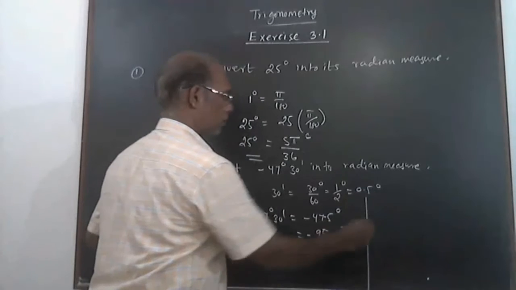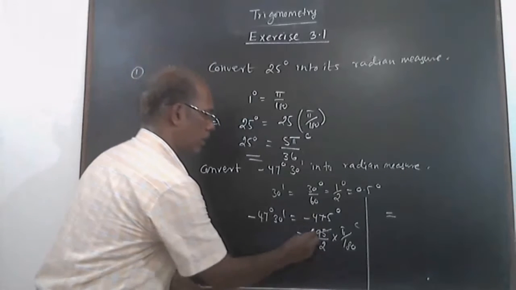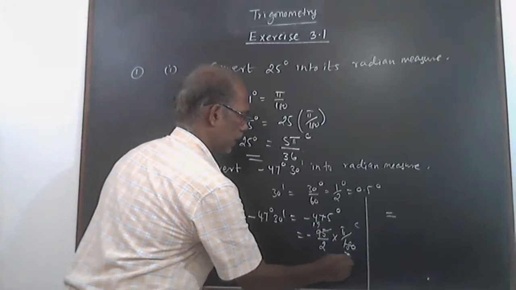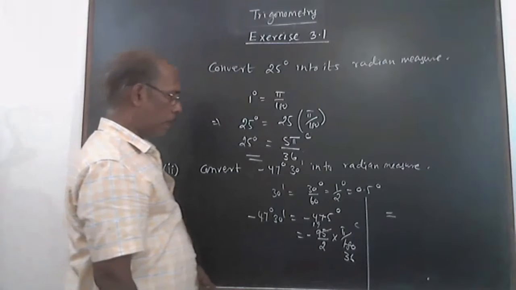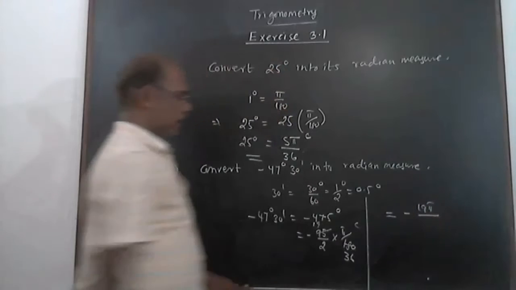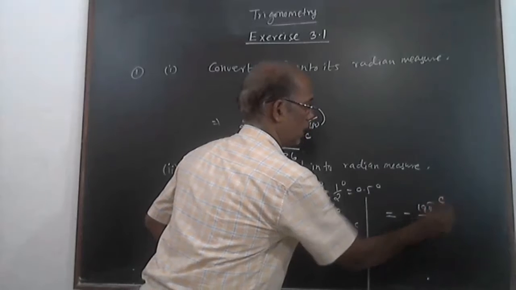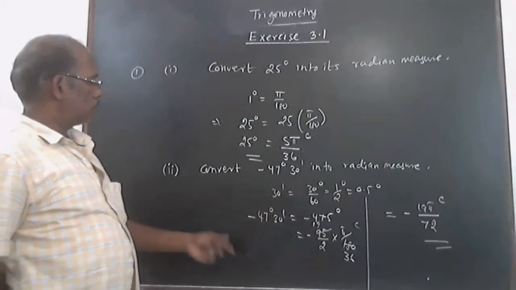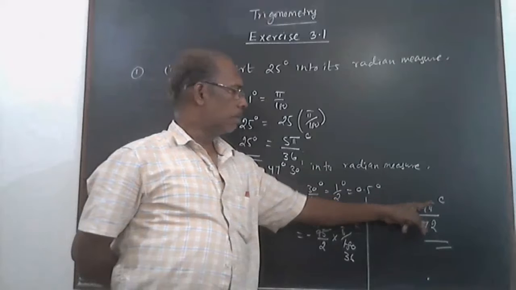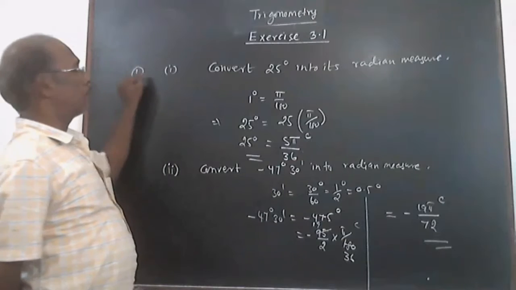On simplification, by the 5 table, 5 times 19 is 95 and 5 times 36 is 180, so we get minus 19 pi, and the denominator 2 times 36 is 72 radian. This is subdivision 2: minus 47 degree 30 minutes is minus 19 pi by 72 radian. Go through it. We'll move to the next subdivision of question number 1.